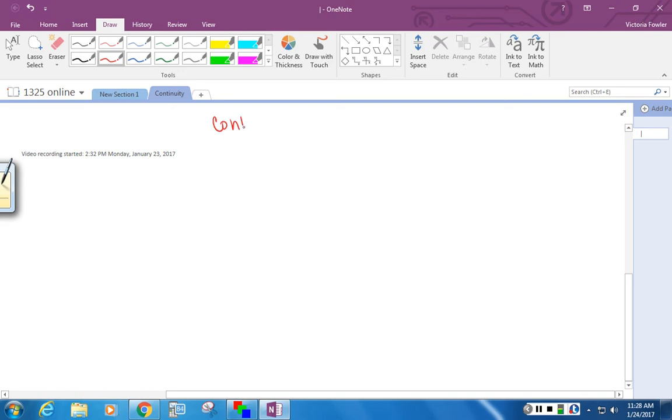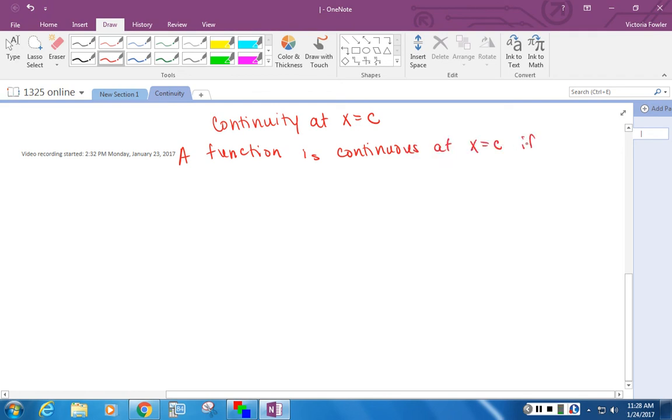So let's talk about continuity at x equals c. And so we're just going to use c as our indicator here for talking about continuity. And we're going to say that a function is continuous at x equals c if the following three conditions are satisfied.